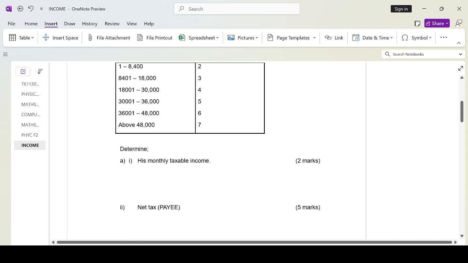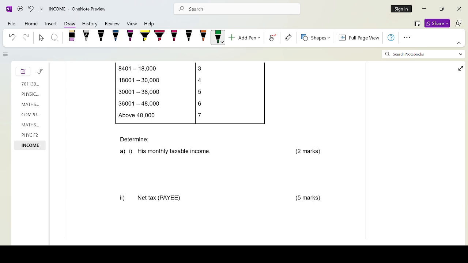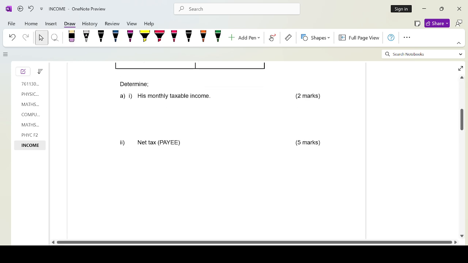Question: determine, Roman 1, the taxable income. How do you calculate taxable income, dear learners? Remember that taxable income is calculated by taking the basic salary plus allowances.